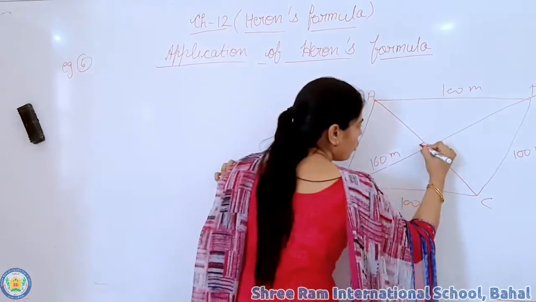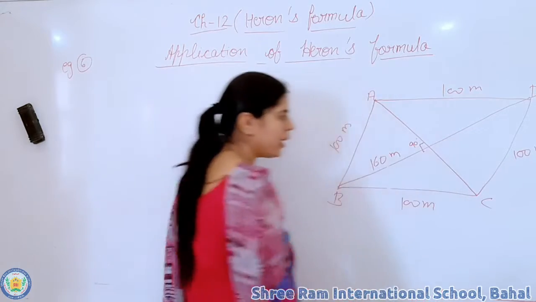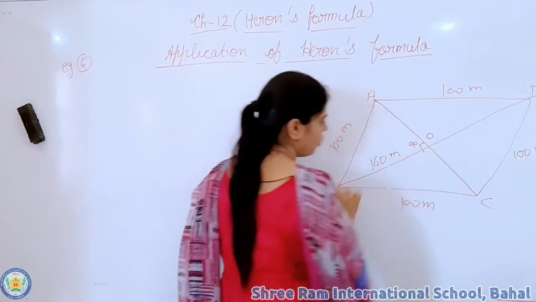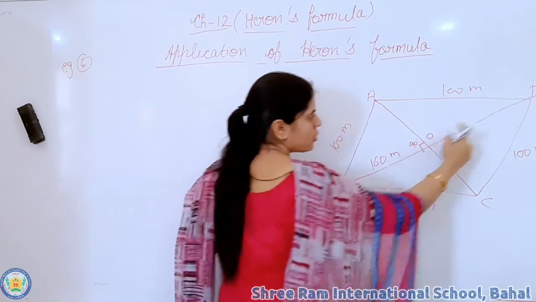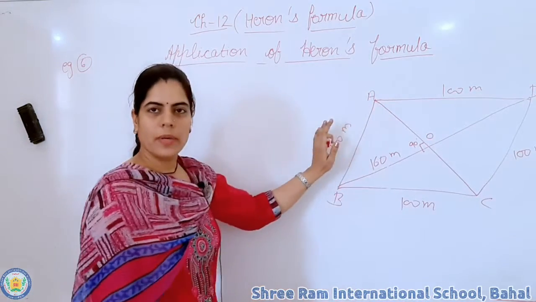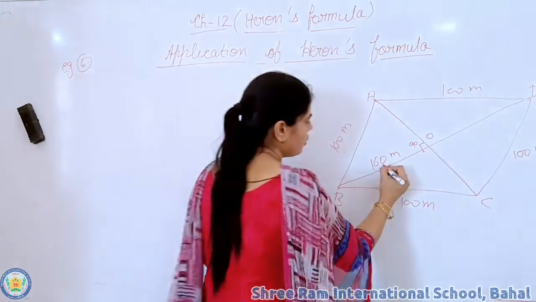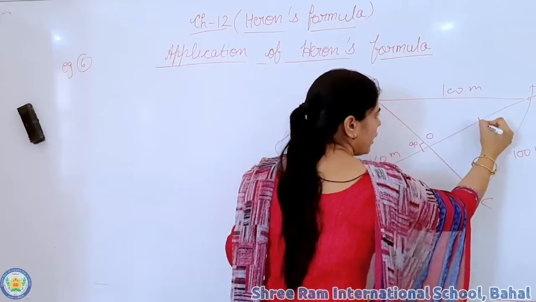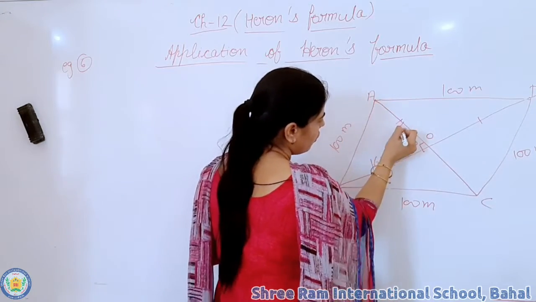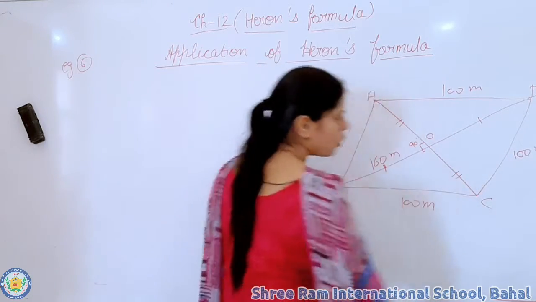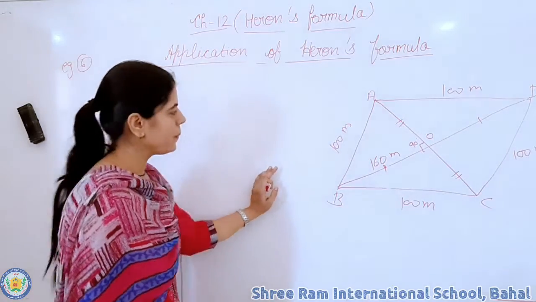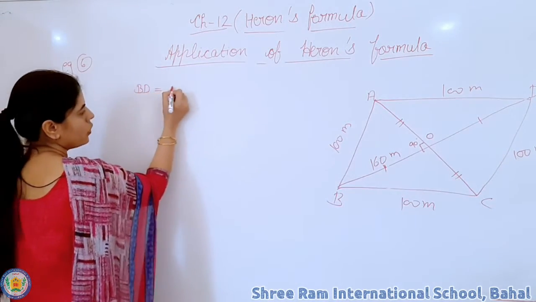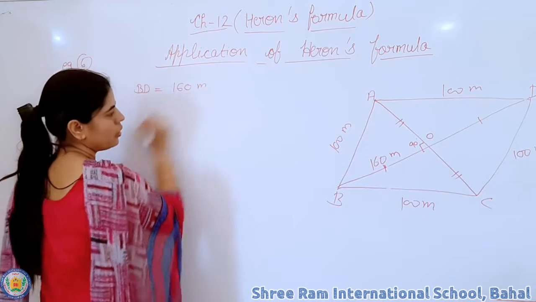Now, this angle will be 90 degree. Say this is O. BO is equal to OD because diagonals bisect each other. So BO is equal to OD and AO is equal to OC. Clear? We have BD equal to 160 meter.